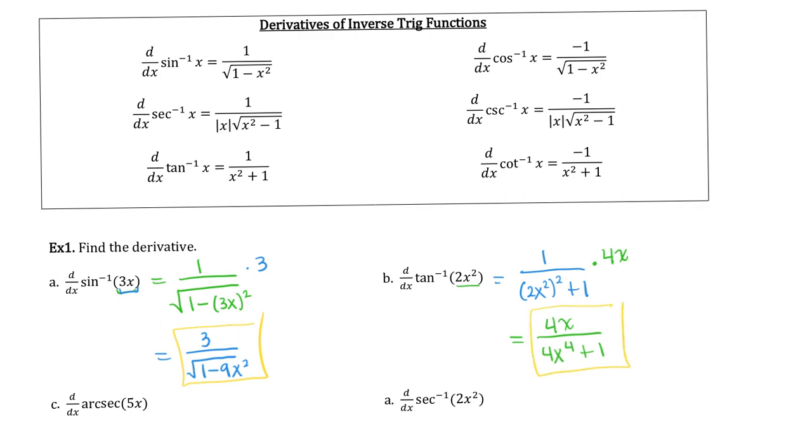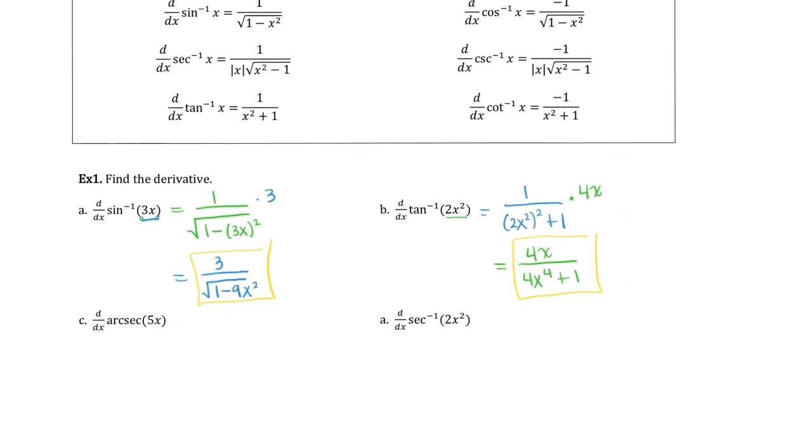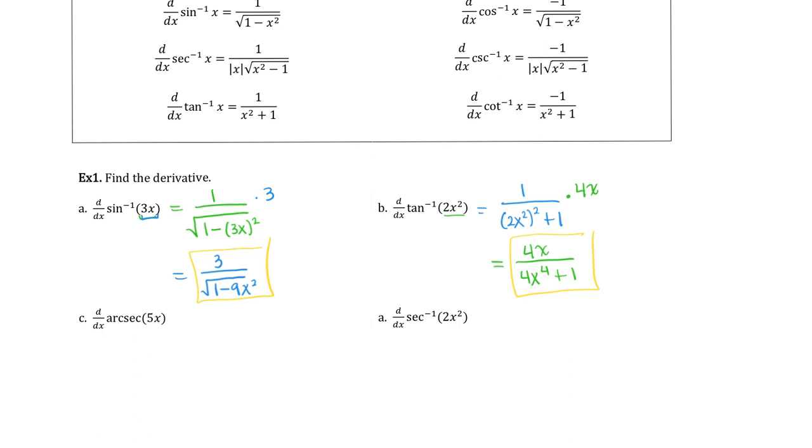Okay, and I would say inverse sine and inverse tangent are the most common of these inverse trig functions you're going to do derivatives of. Okay, the derivative of arc secant 5x. Arc secant is the exact same as inverse secant, and this is going to be chain rule because of the 5x.